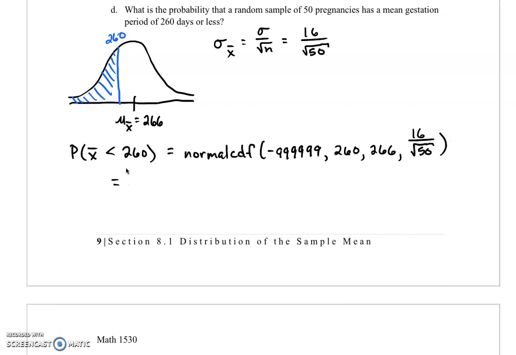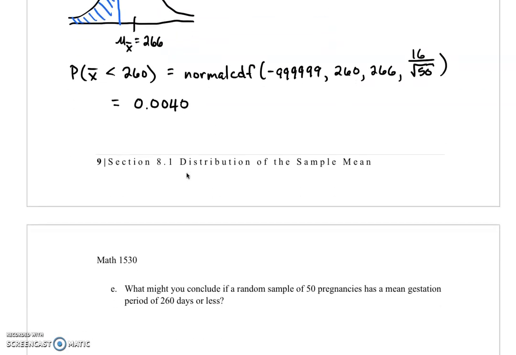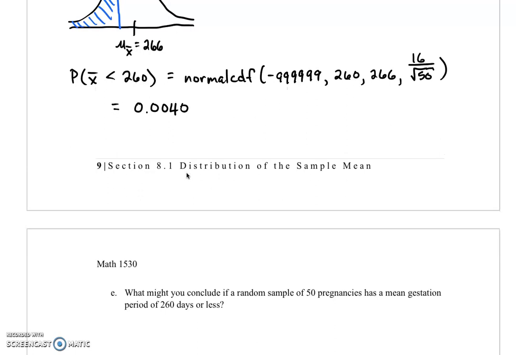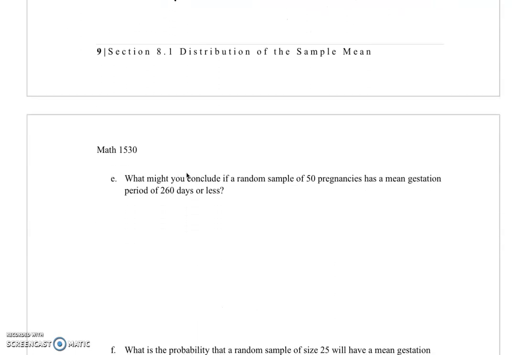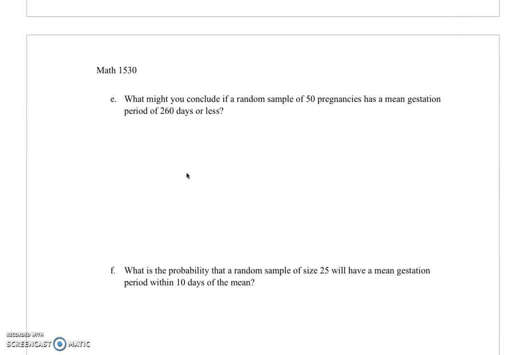And that gives us a probability of 0.0040. So what might we conclude if a random sample of 50 pregnancies has a mean gestation period of 260 days or less?